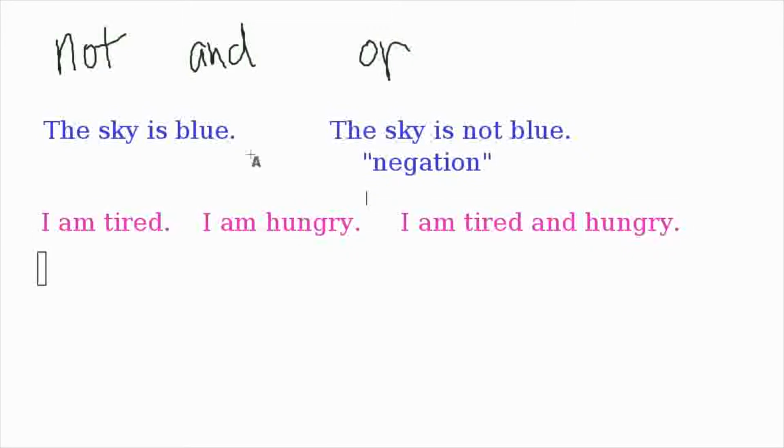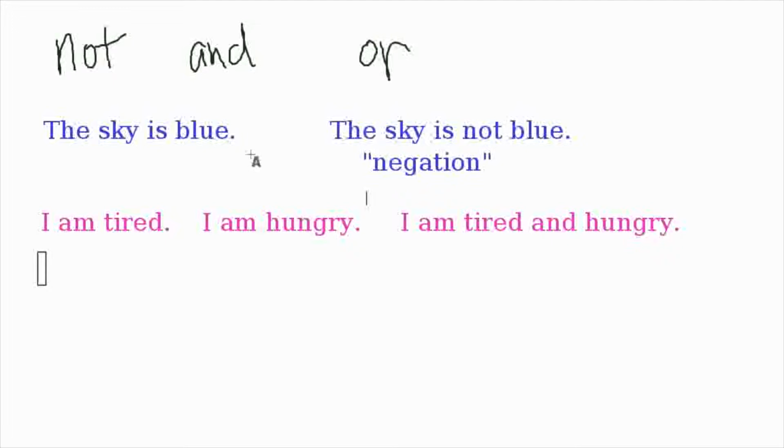Okay, I hope I'm not making you hungry just talking about it. But so you've got the first one that says I'm tired. The second one is independent. It says I'm hungry. Now the last one says I'm tired and hungry.